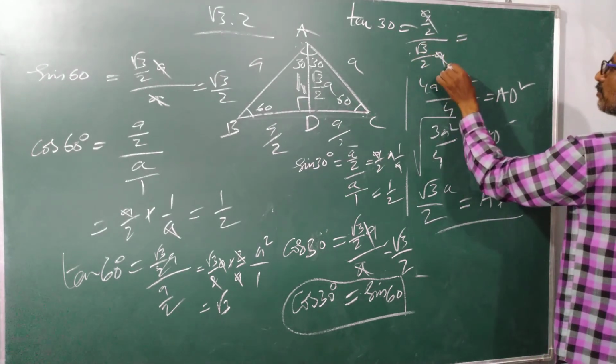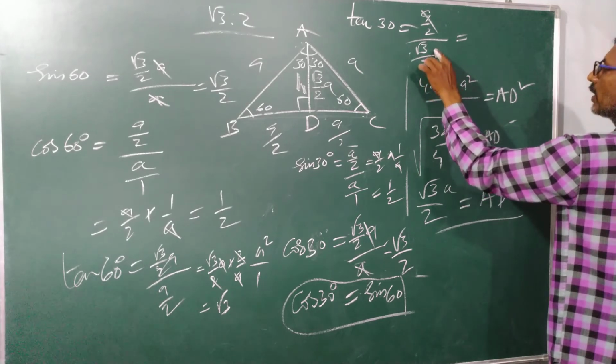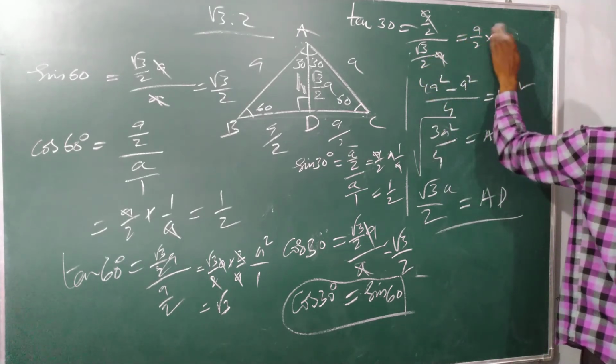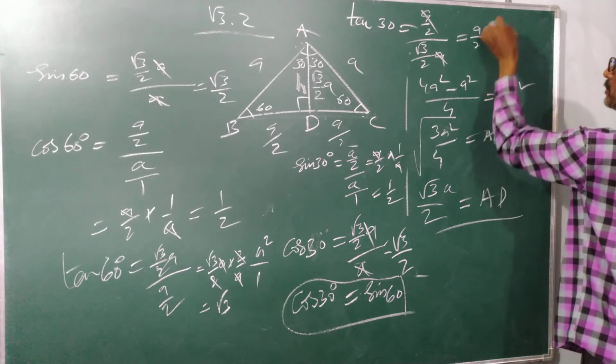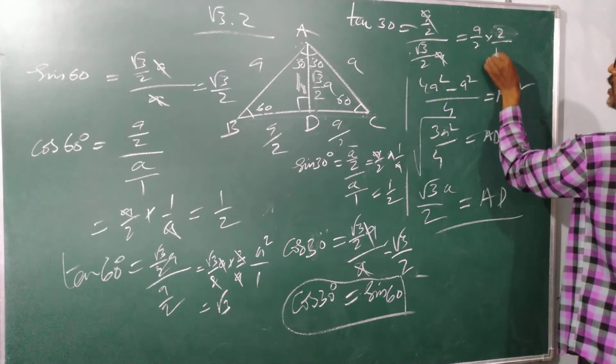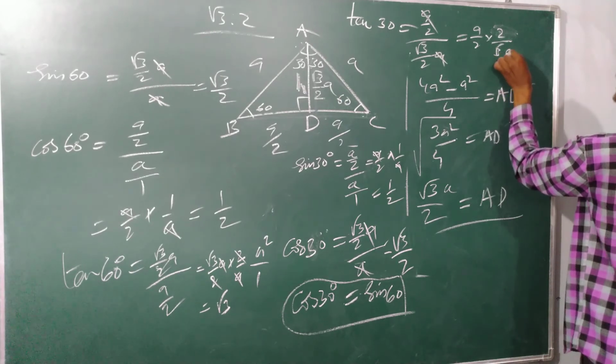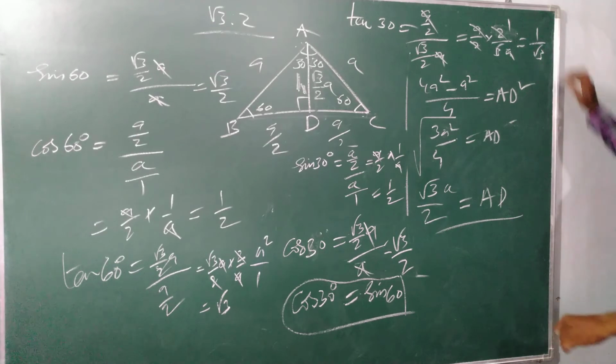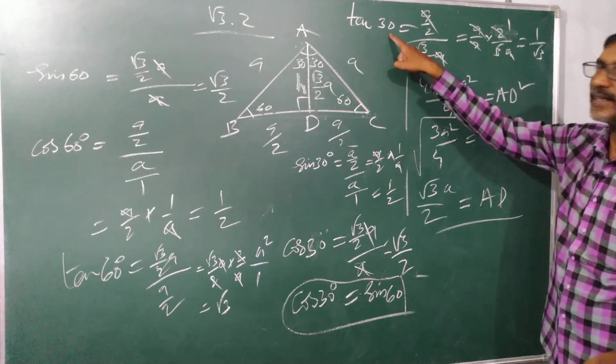I would like to write it better: A by 2 into root 3A comes down and 2 goes up, its reciprocal. Yes, 2, 3, A. A gets cancelled, 2 one time more. 1 by root 3. Tan 30 degrees is 1 by root 3.